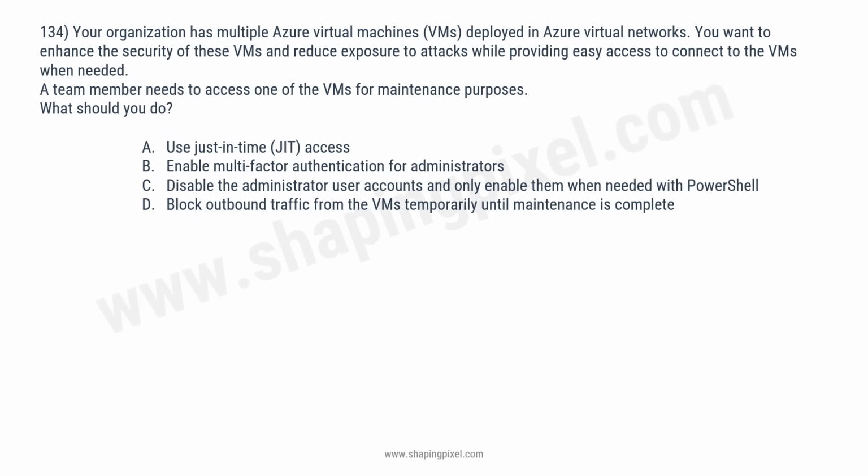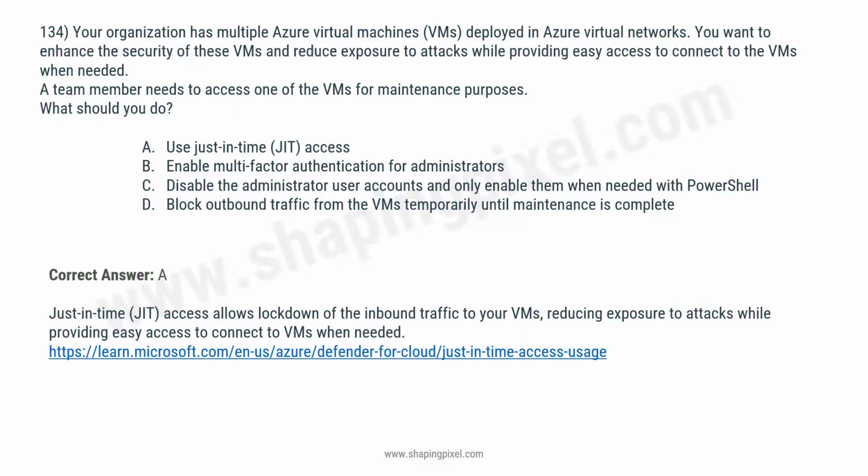Option B, enable multi-factor authentication for administrators. Option C, disable the administrator user account and only enable them when needed with PowerShell. Option D, block outbound traffic from the VMs temporarily until maintenance is complete. So the right answer here is option A, use just-in-time access.